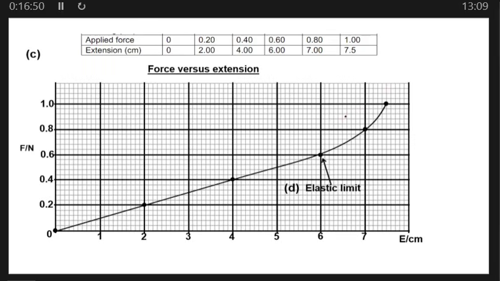So meaning the elastic limit is actually reached and it has been exceeded. So the elastic limit is here where the line is straight, meaning the force applied and extension are directly proportional. All right.